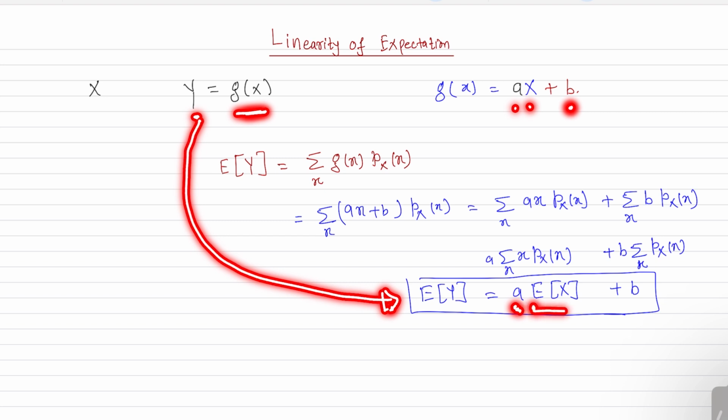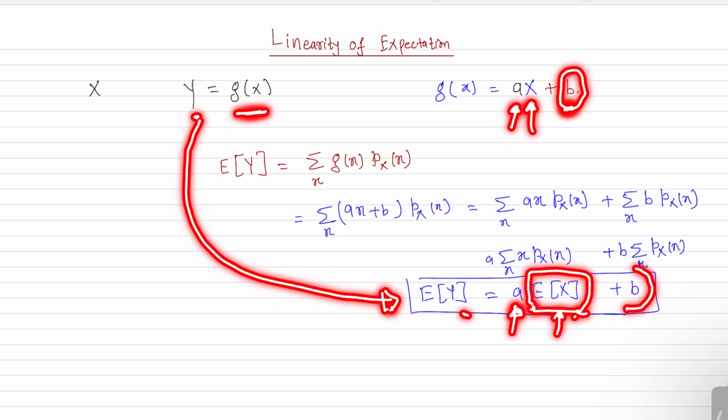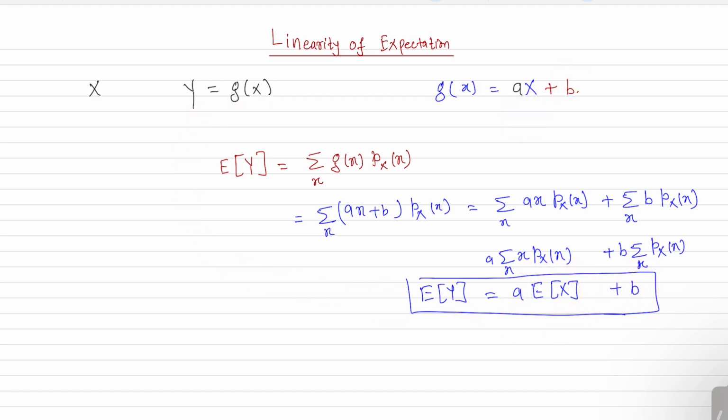We have the expectation of x, and it is getting multiplied by a. The random variable is getting multiplied by a, so its expectation is also getting multiplied by a. We have also added some constant b, and in the expectation we also need to add the same constant b. So this is the linearity of expectation.